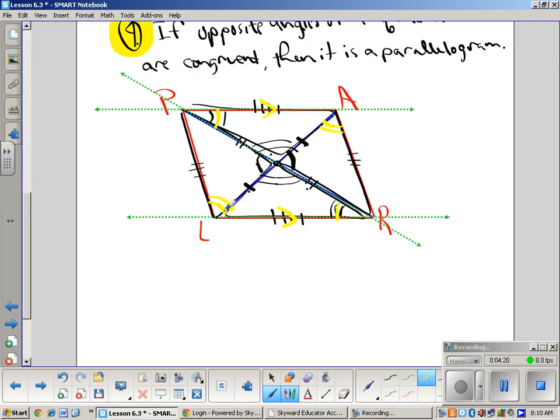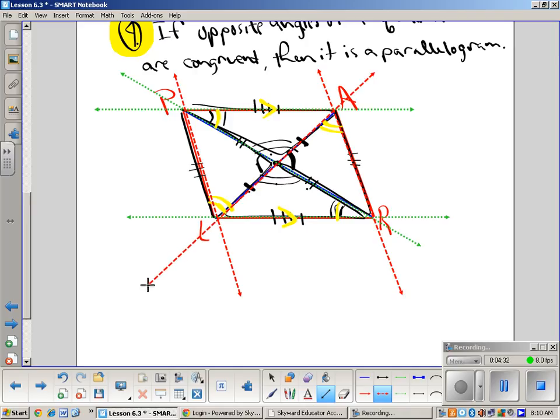And then we'd be looking at these lines and this transversal. And those are alternate interior angles congruent, making these lines parallel. So if I have two pairs of parallel lines, what shape is that? Parallelogram, right?